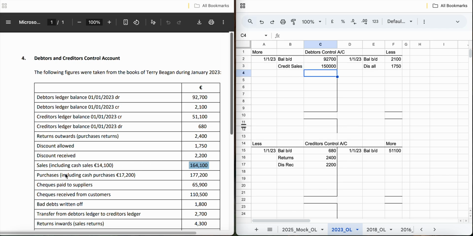Next one, purchases. Purchases always go with creditors. So 177,200 minus what you've already paid, so you owe more, 160,000. Credit purchases.